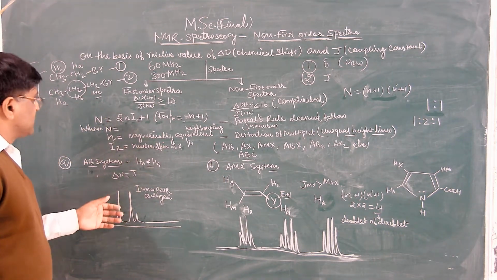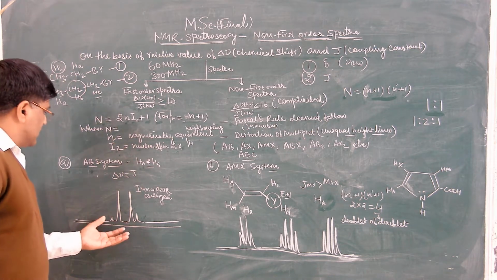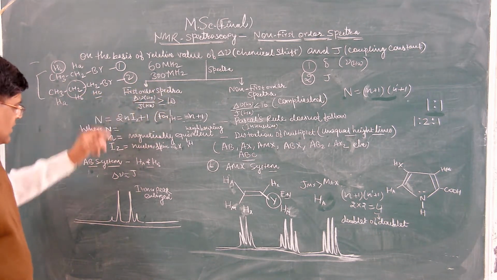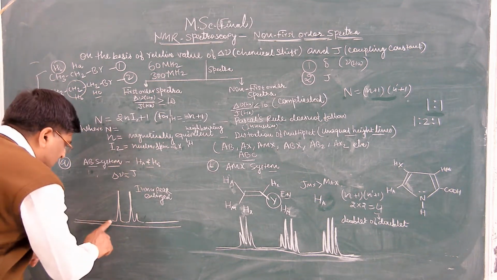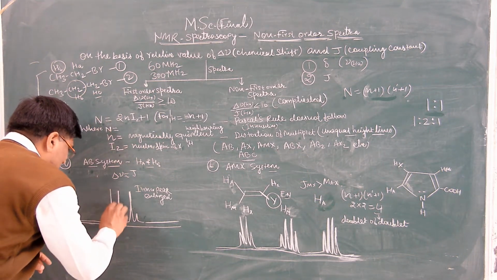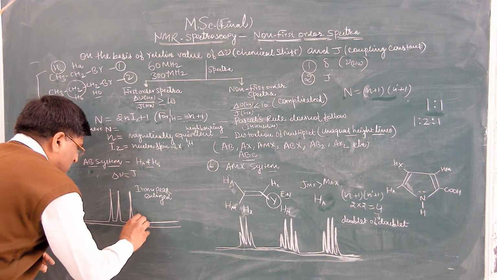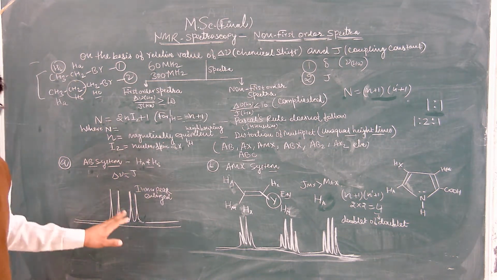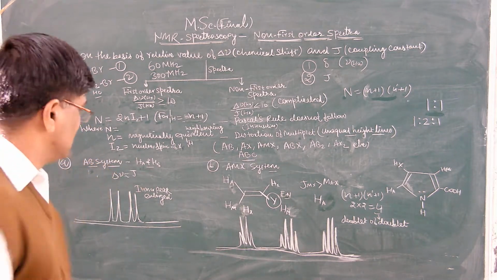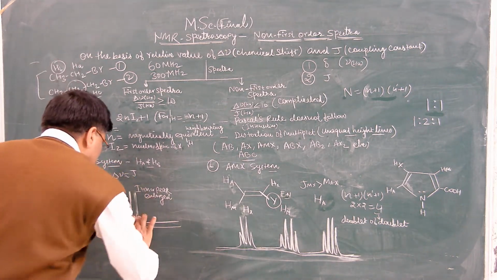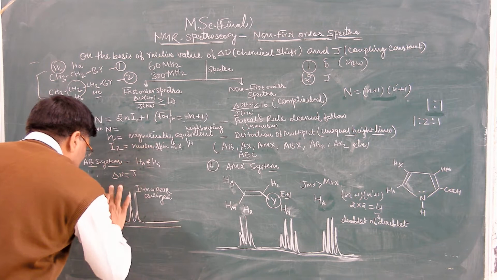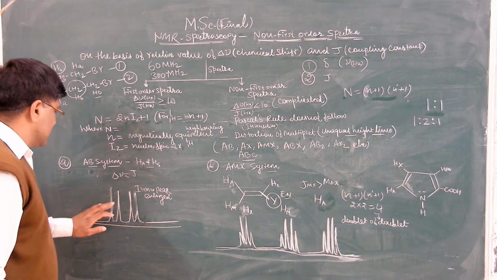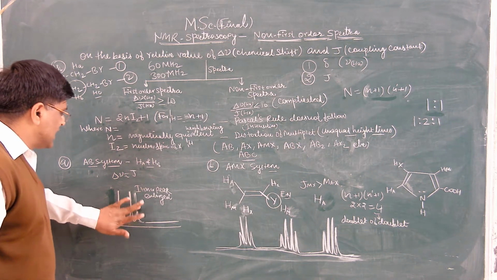Suppose this system could follow first order spectra, then we get this type of spectrum pattern. But if there is some distortion, then we get this type of spectrum with inner peaks enlarged.